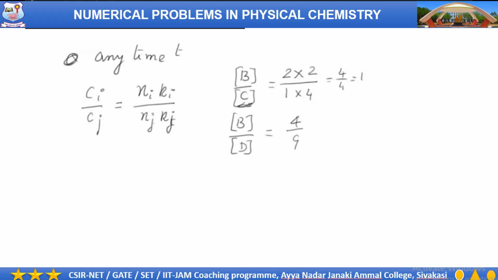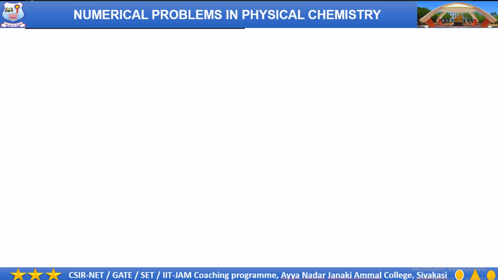For a first order parallel reaction, K1 and K2 are in the ratio, that is K1 producing B and K2 producing C, in the ratio 4:9.